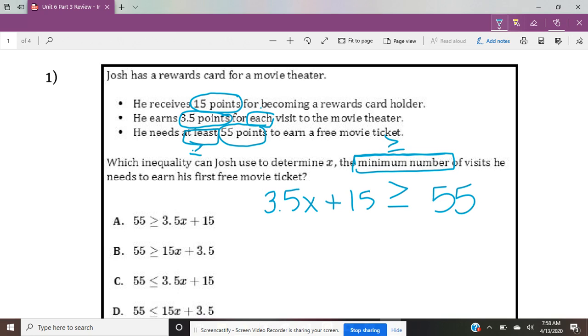So if I say that 3.5x plus 15 must be greater than or equal to 55, if I were to rewrite that, that would be the same as saying 55 is less than or equal to 3.5x plus 15. So let's look for that answer. That would be C. Okay, so again, multiple choice is really nice for these, but I want you guys to use what you know about writing equations in order to help you write inequalities.